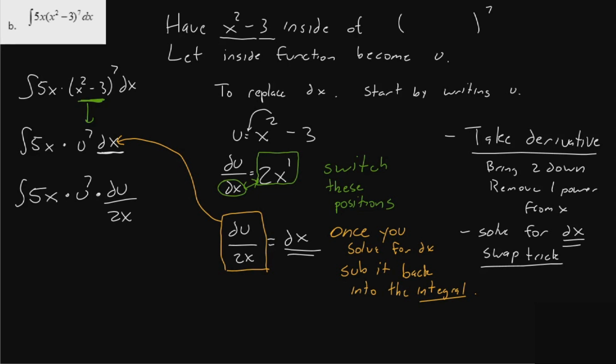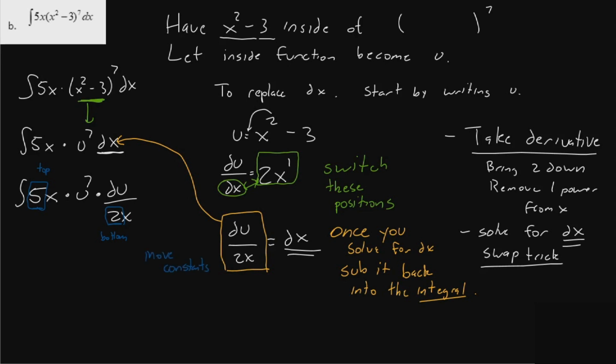Now, what we can do is we can simplify again. Okay? Now, everything's kind of in pieces right now, so let's put it all together here. Let's first take the constants, the 5 that's on the top and the 2 that's on the bottom, and move them outside of the integration sign.